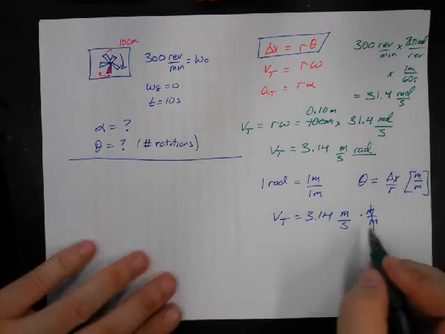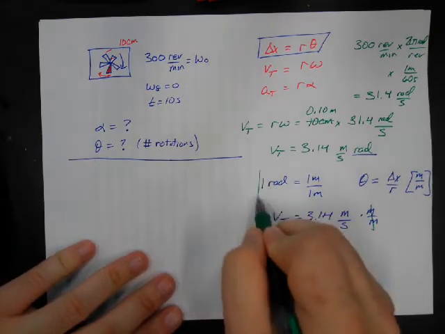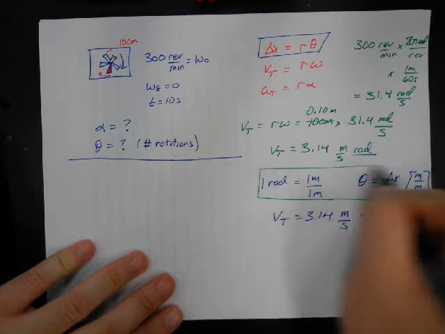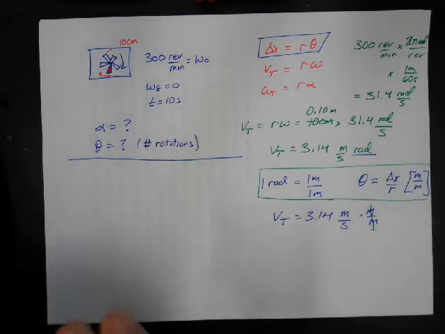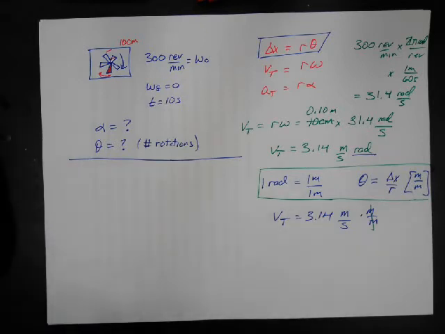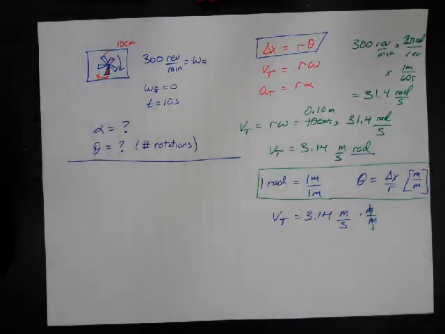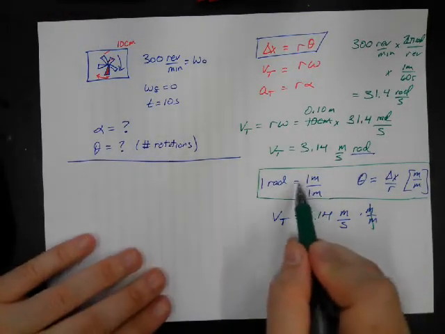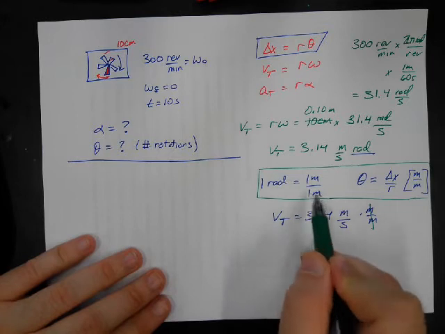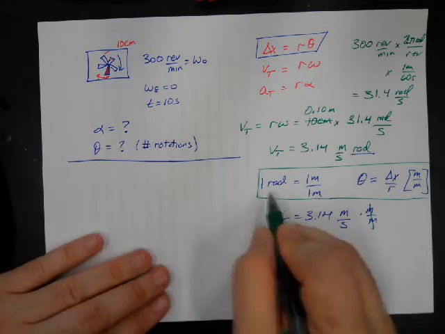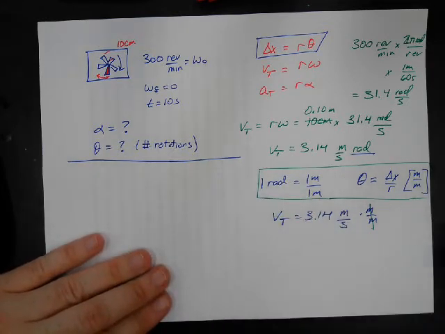But I'm showing you where this comes from because of our definition of what a radian is. It's not a defined unit, it's a counting unit. So we're just going to make it go away. We're going to cancel it out by putting in what a radian means. And I mean it when I say 1 radian is 1 meter per meter.